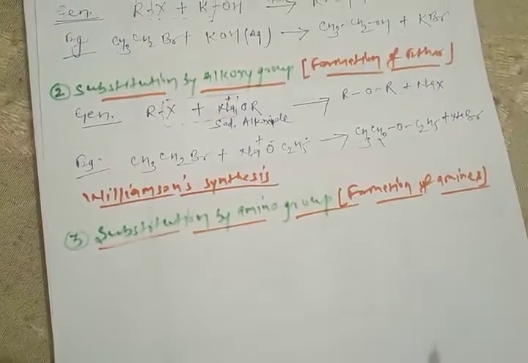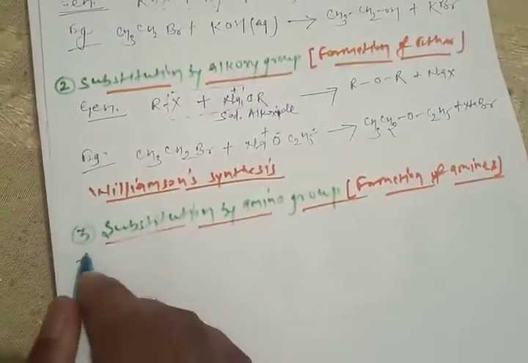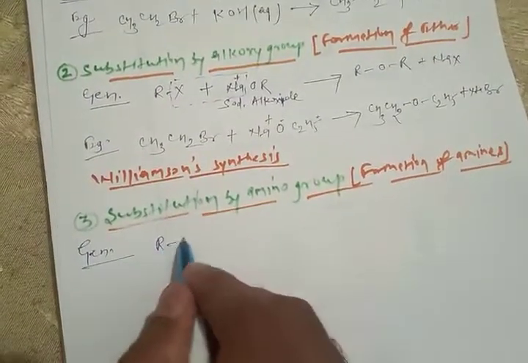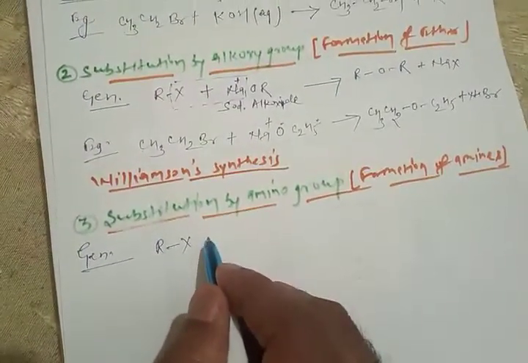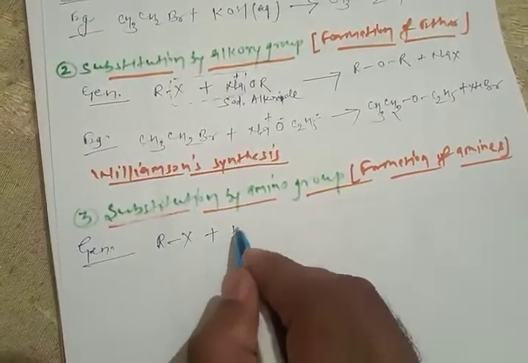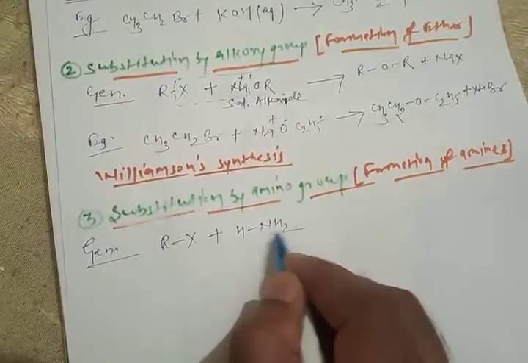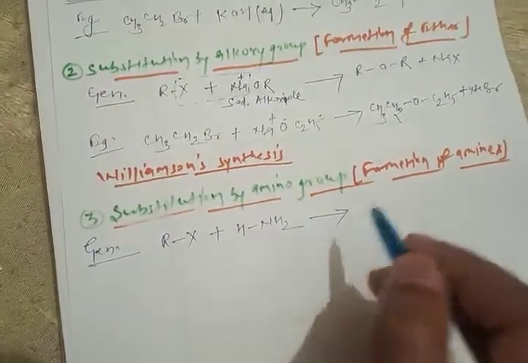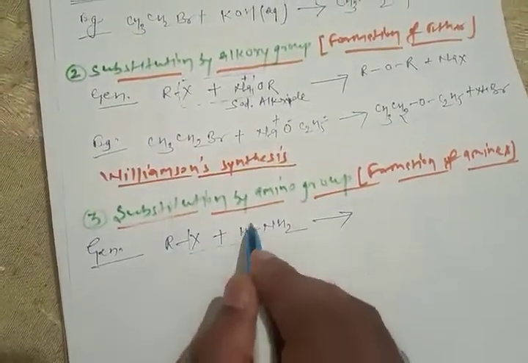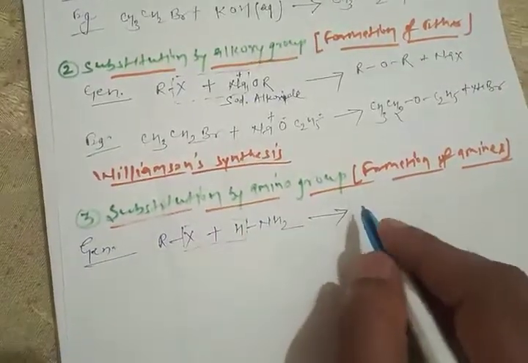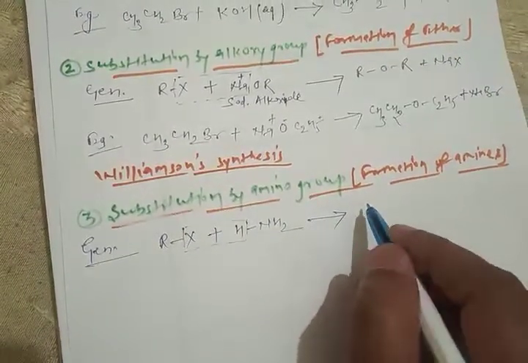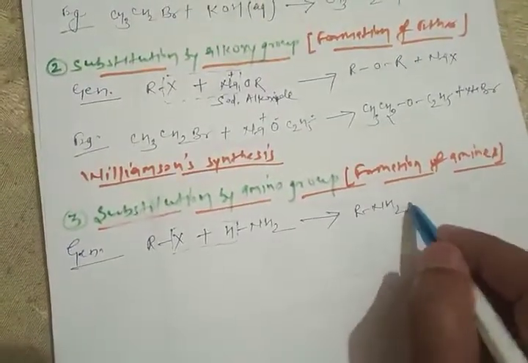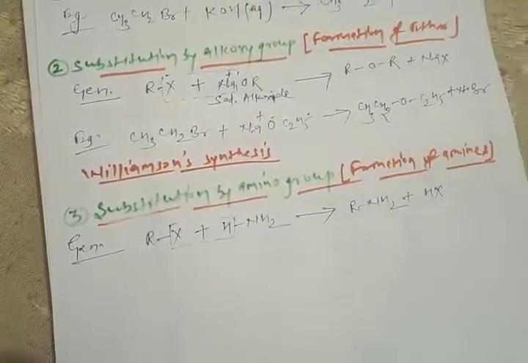Okay, so let's start. The very first is the general equation. The general equation says that we have RX, then substitution by amino group, so the required amino group we can write here. This is ammonia, NH3. Then again it is simple, it will eliminate and substitute, so we'll get RNH2, the amine, plus HX.